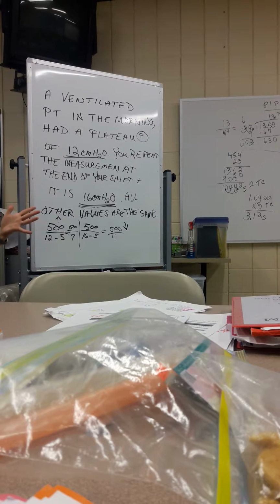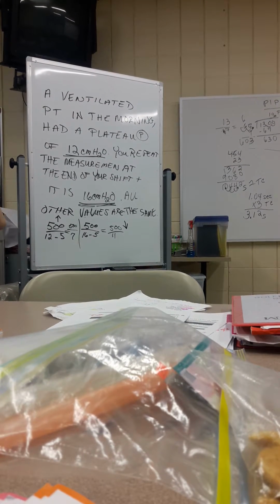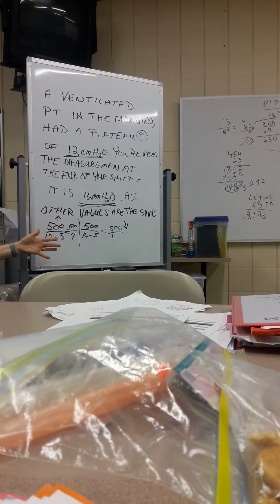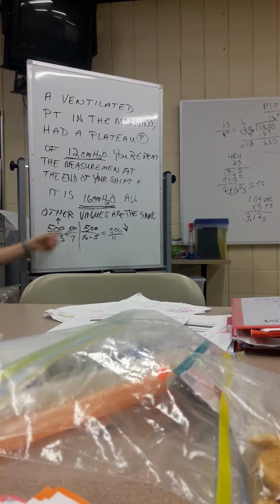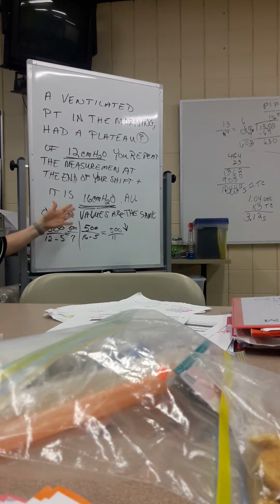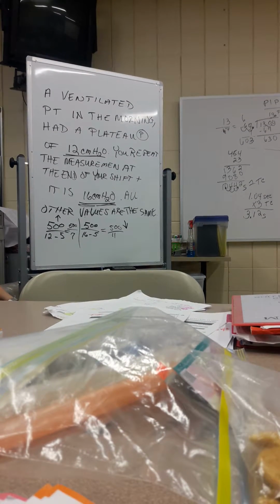Because she's asking me about compliance. That's what she's looking for. Well, in compliance, all I have to do is plug in some imaginary numbers and I can figure it out on paper, okay?